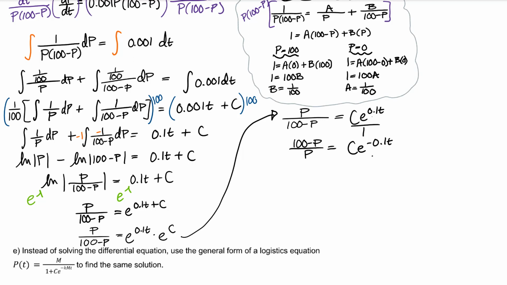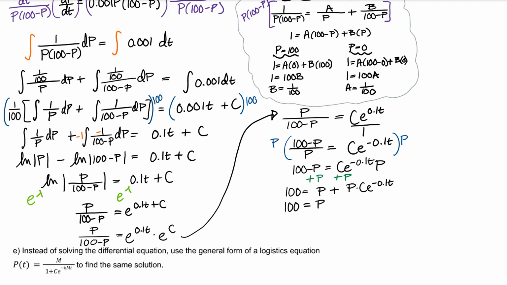Multiply both sides by p, and then add p to both sides. Factor out p, and solve.